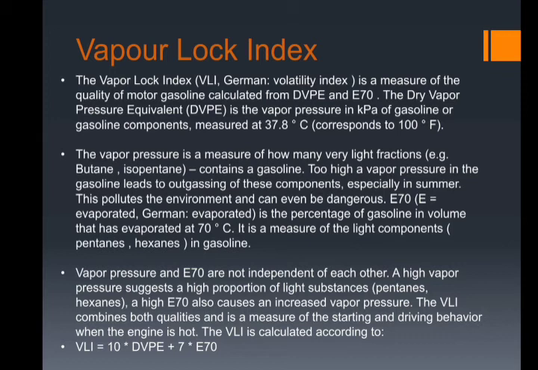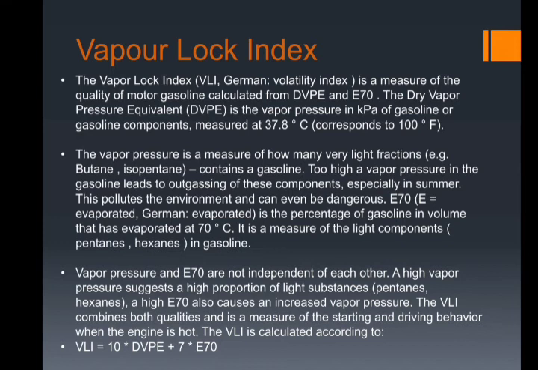Too high a vapor pressure in a gasoline leads to outgassing of these components, especially in summer. This pollutes the environment and can even be dangerous. The E70 is basically the measure of the light components such as pentanes or hexanes in gasoline, which I have mentioned earlier too.